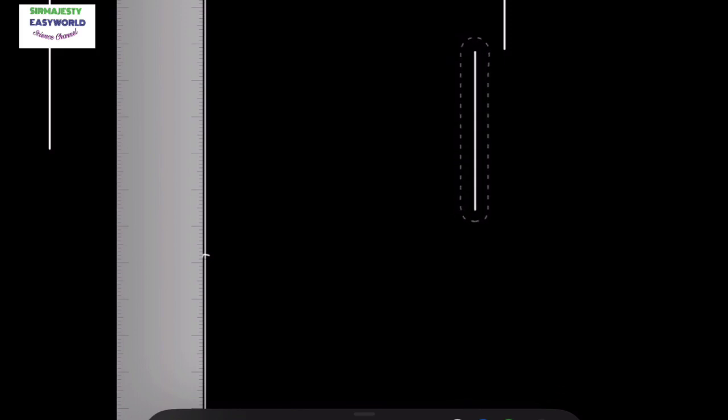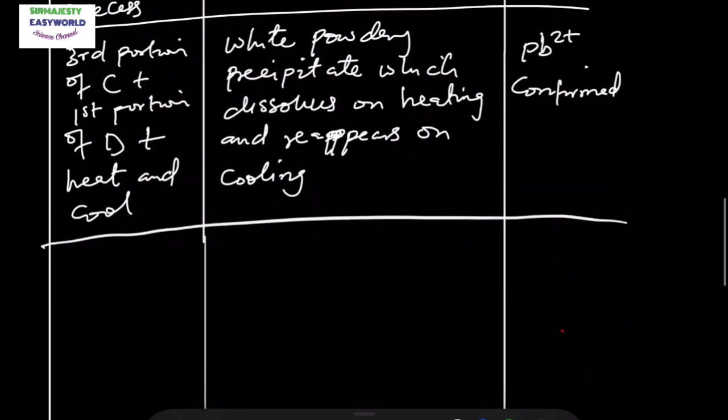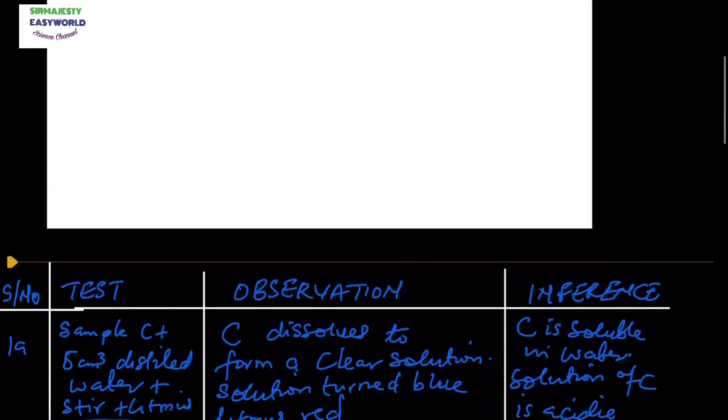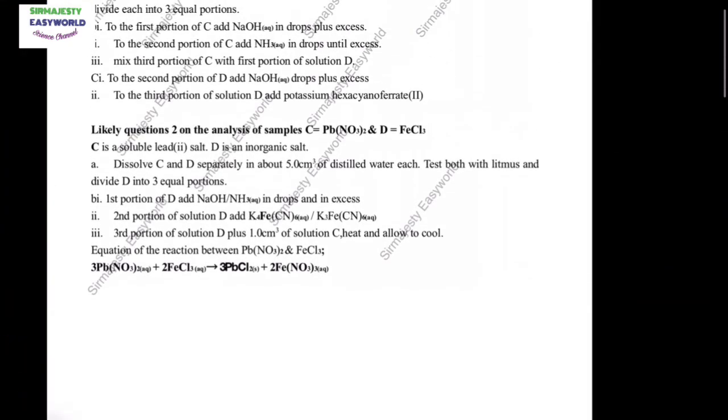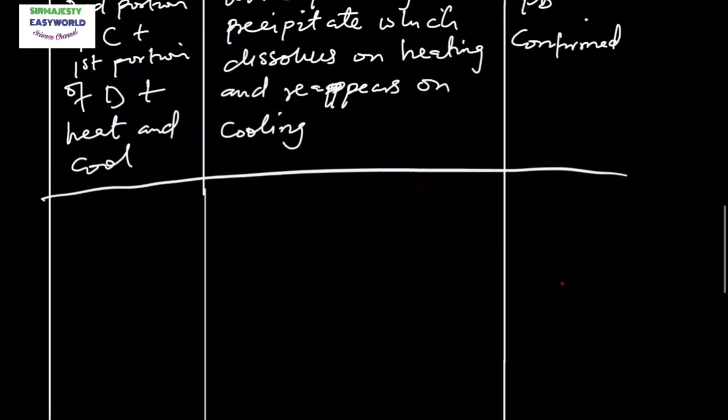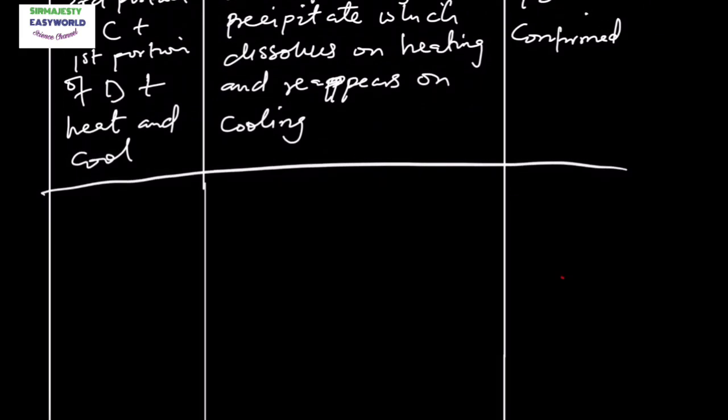So can I adjust this? In the test for iron-3, the option here says, to the second portion of D add sodium hydroxide in drops and in excess. So we are now adding sodium hydroxide to iron-3 chloride.